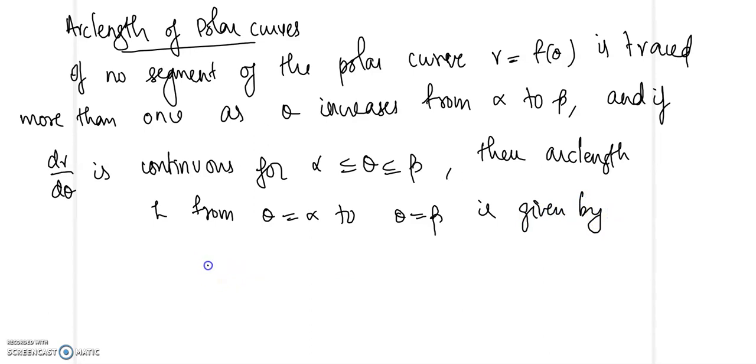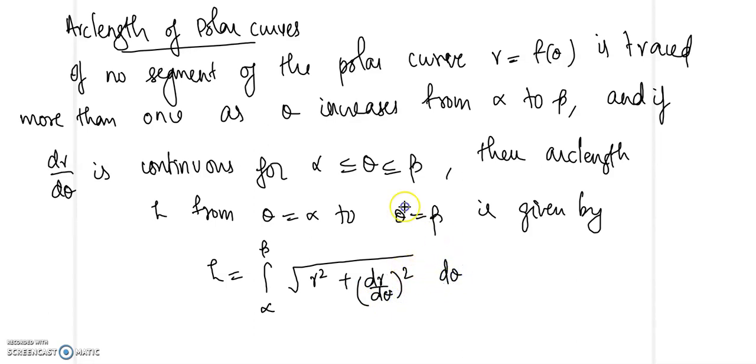so the expression for arc length is L equal to integral alpha to beta, root of r square plus dr by d theta whole square d theta. So this is the expression for the arc length of a polar curve, provided dr by d theta must be continuous, and the curve must be traced exactly once in the interval alpha to beta.